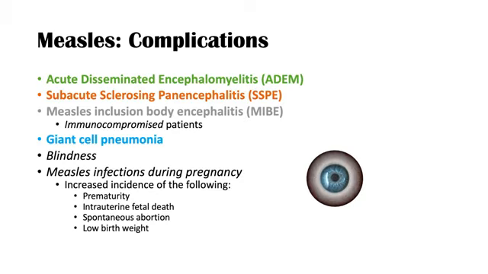So again, we see increased incidences of prematurity, so babies born less than 37 weeks of gestational age, higher rates of intrauterine fetal death, higher rates of spontaneous abortion, and lower birth weights.